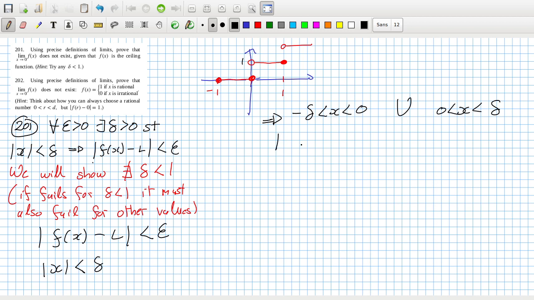If it's somewhere here, then what we'll get is 0 minus L less than epsilon, or, and here, we'd get 1 minus L less than epsilon. Okay, so here we get the absolute value of L less than epsilon, or 1 minus L less than epsilon.